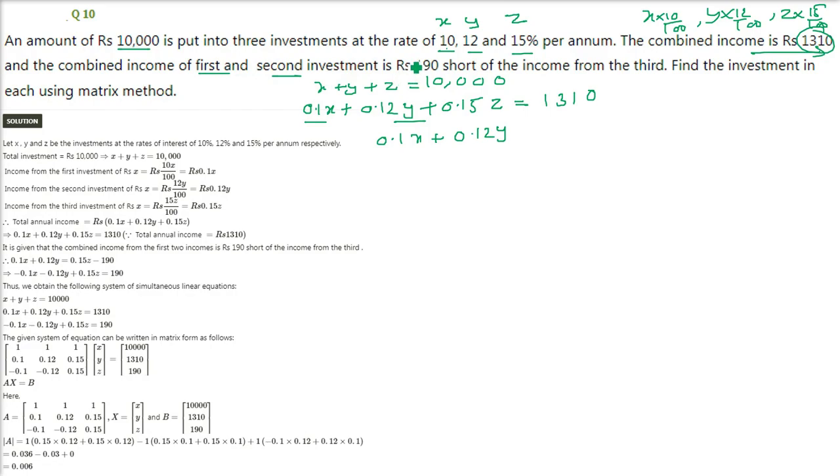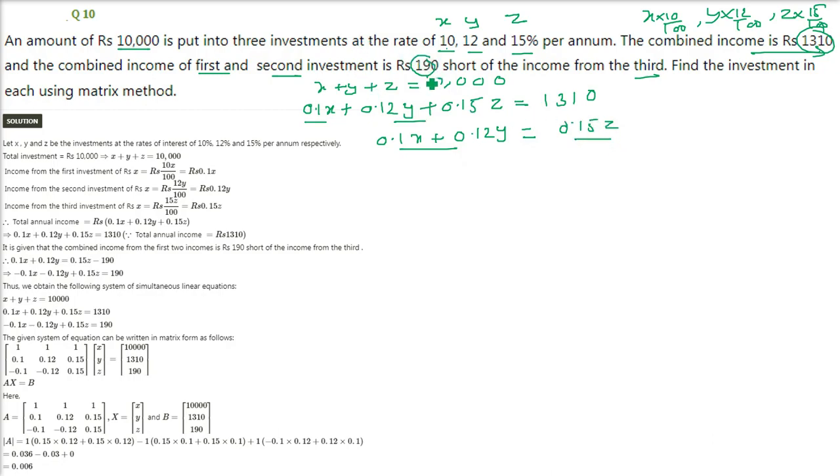It is less than the income of the third. So if you add this to the third one, that will equate these two, because the first two combined is 190 short. So why not add 190, and you say that okay, that is equal, because we need an equation.